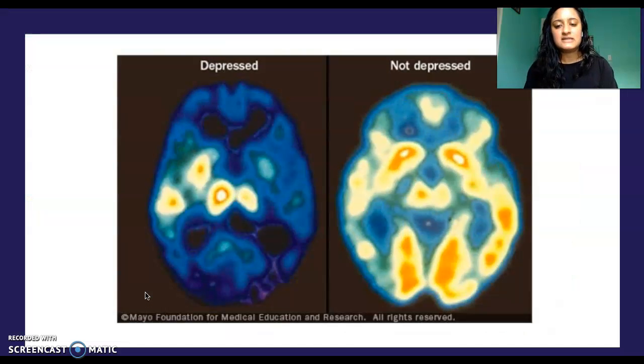So on the left, we see a depressed person's brain, and on the right, we see a non-depressed person's brain. And as you can see, there's a lot less light in the depressed person's brain. This is because there's a lot less gray matter, and a lot less activity going on.